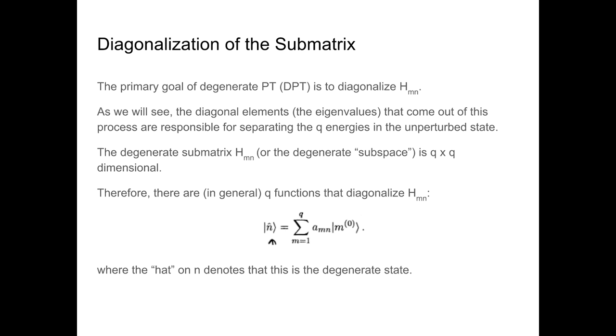All right. So if we have a Q-fold degeneracy, then the degenerate submatrix of our full Hamiltonian matrix is going to be Q by Q dimensional.